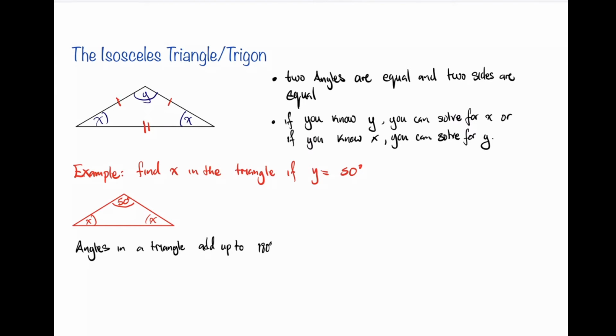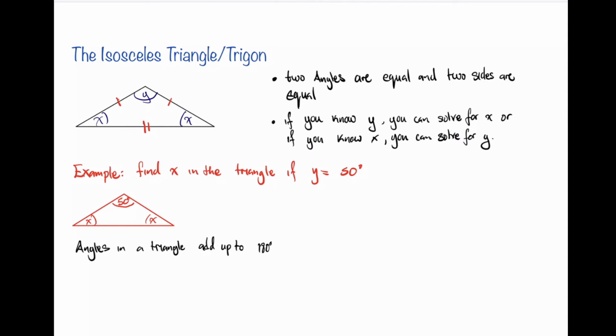So here, if you know the value for y, then you can solve for the value x looking at this diagram, or if we know the value x, we can solve for y. Notice on my diagram, I have 1 mark on this side and 1 mark on this side, which means these 2 sides have to be equal, and I have 2 marks on this side, showing us that this side is larger than these other 2 sides, okay?